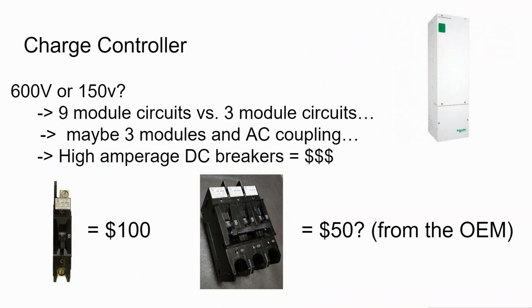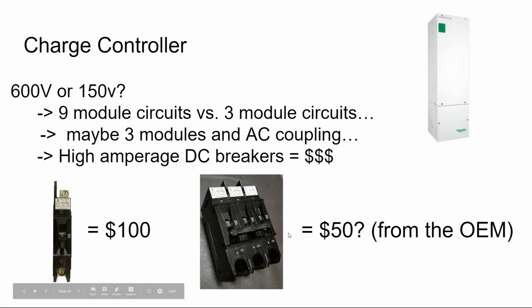So, high amperage DC breakers are not so uncommon that you can't find them online. It's just that if you buy them from your solar distributor, that's where they're trying to make their profit. They can give you a lower price on the charge controller, knowing that you're going to have to turn around and buy their high markup breaker. But they needn't be so expensive, is what I'm saying.